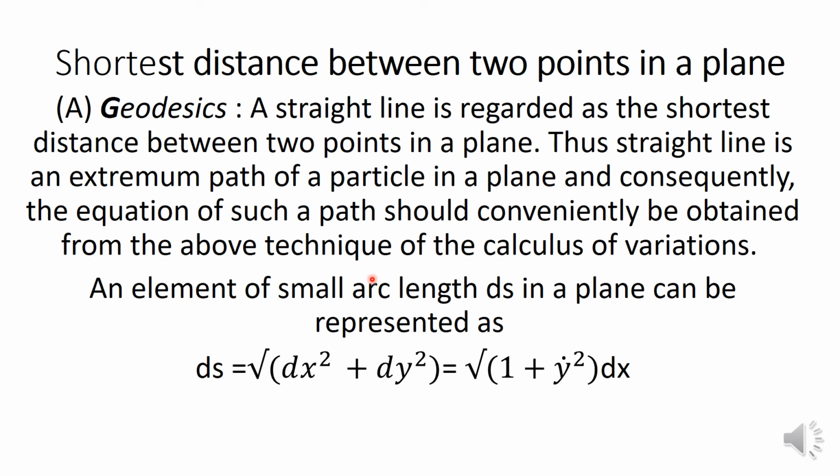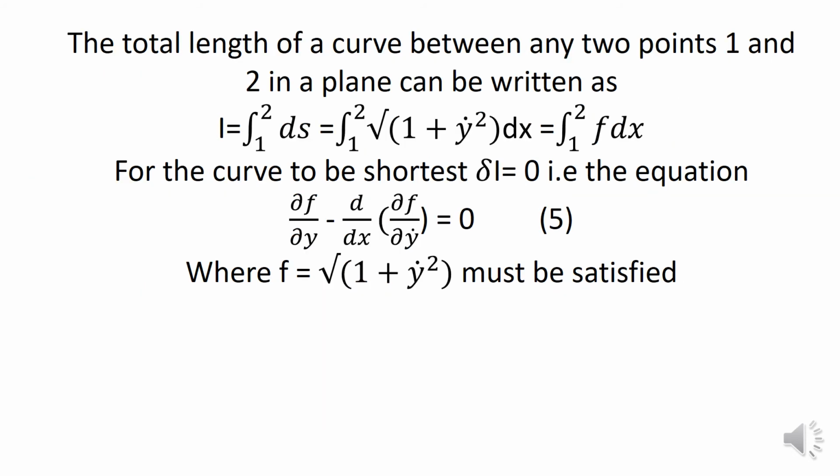An element of small arc length ds in a plane can be represented as ds is equal to the square root of dx squared plus dy squared, that's equal to the square root of 1 plus ẏ squared dx. The total length of a curve between any 2 points 1 and 2 in a plane can be written as I is equal to the integral from 1 to 2 of ds, that's equal to the integral from 1 to 2 of the square root of 1 plus ẏ squared dx, equal to the integral from 1 to 2 of f dx.